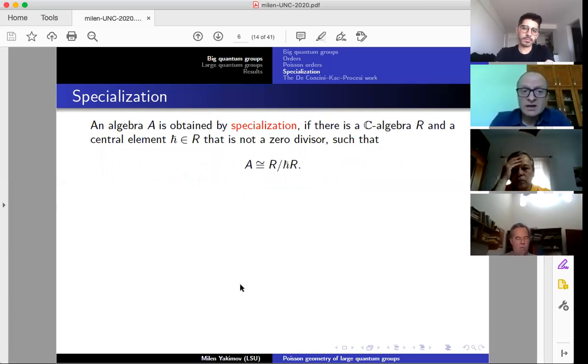We say that an algebra A is a specialization if there is a complex algebra R and a central element H, which is not a zero divisor, such that the algebra A is a quotient of R by the principal ideal generated by H.